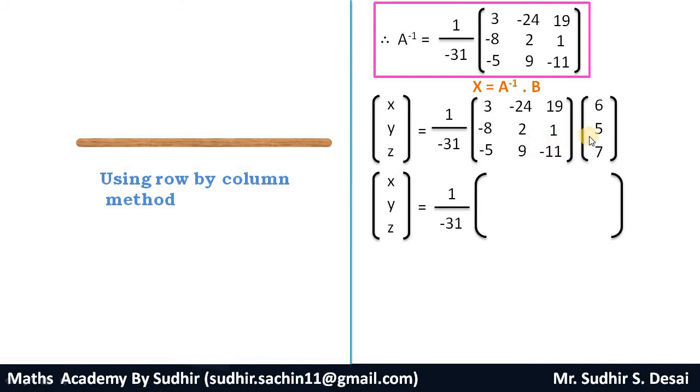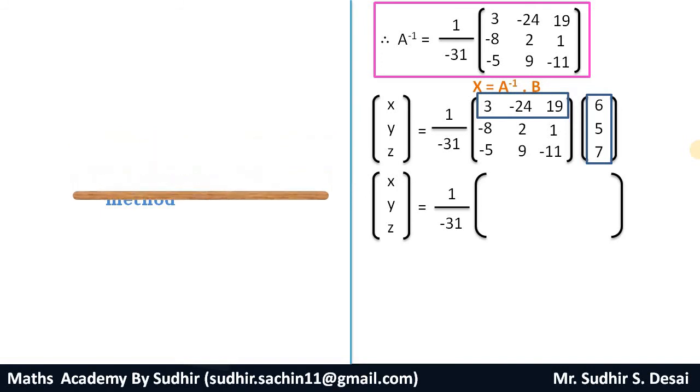For the multiplication of two matrices, we are going to use the row by column method. That means we have to multiply rows of the first matrix to each column of the second matrix. Here we will multiply the first row of the first matrix to the first column of the second matrix. Now how to multiply row and column?